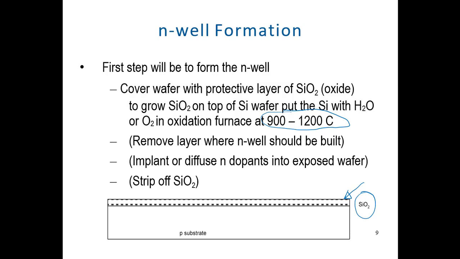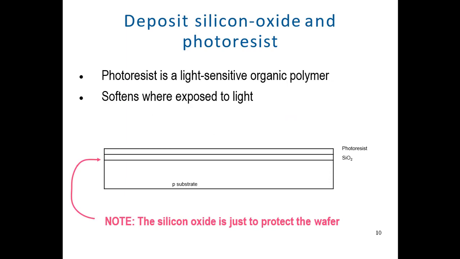So on top of your P substrate, you develop this silicon dioxide layer. Then on top of that you develop this photoresist material. So this basically is a very sensitive, light sensitive organic polymer. It resides on top of your silicon dioxide.